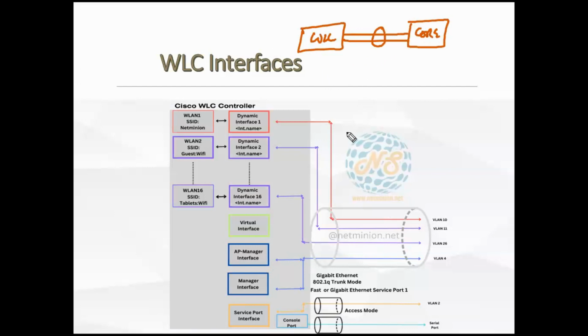Multiple ports can be configured as a single port. All WLCs support the aggregation of multiple distribution ports into a single port, using the 802.3ad port standard. And you know that your WLC does not support LACP.